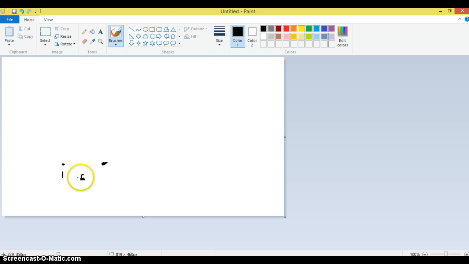Okay, there we go. 6. And then the person is standing 8 meters away. Okay, so just draw the person here.